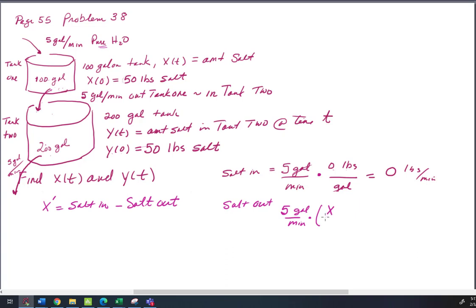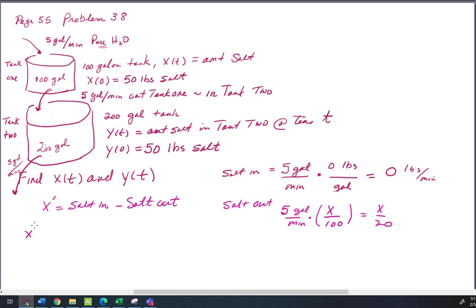This would be x of t. I'm just not writing the t right now. The amount of salt in the tank divided by the volume of water in the tank, and that was given in the problem as 100. And so this would equal x over 20, if we want to write it that way, because 5 into 100 is 20. So x over 20, that's the salt out.